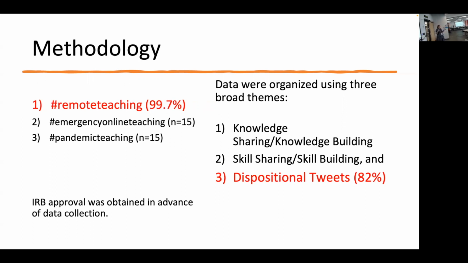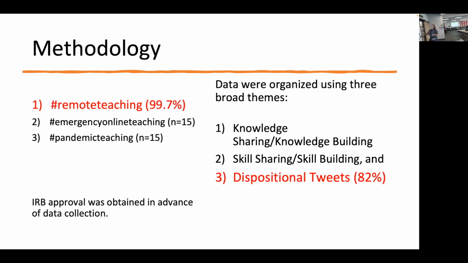So I got a whole lot of data, a ton of data, and I decided to break it down using the domains of learning: knowledge, skill, and disposition. I could possibly have done something different, and I encourage you to do that if you're interested.